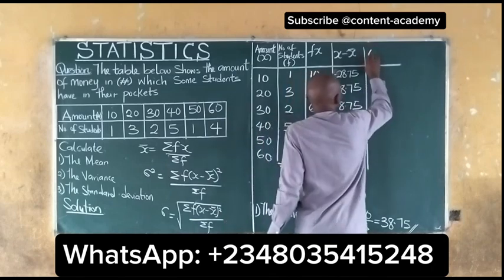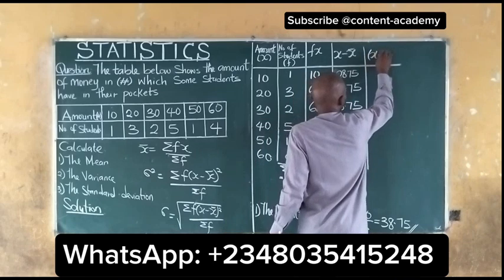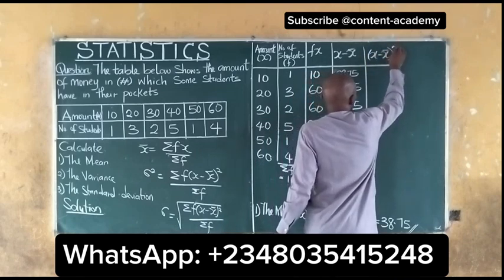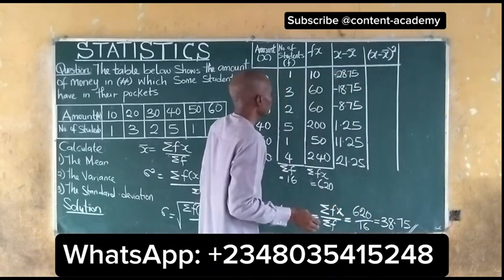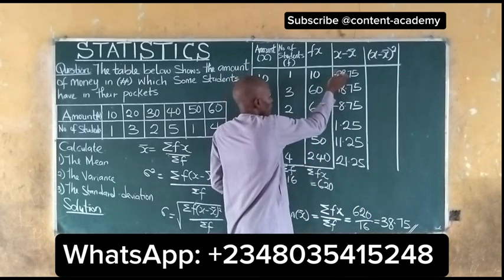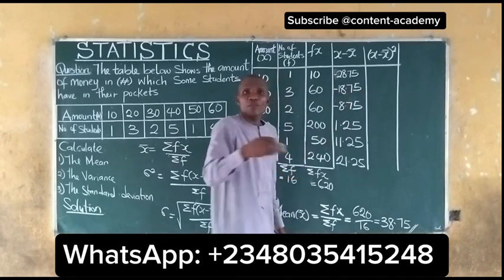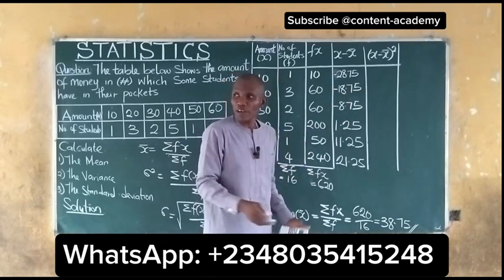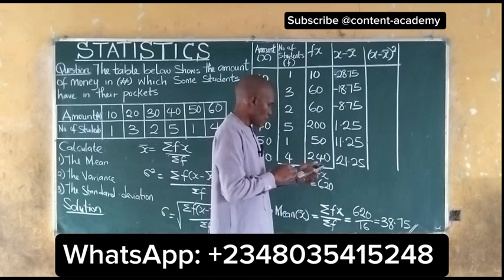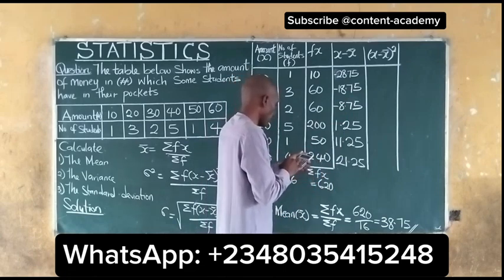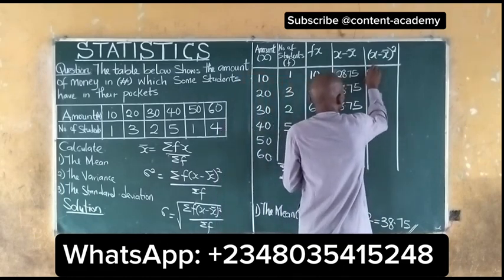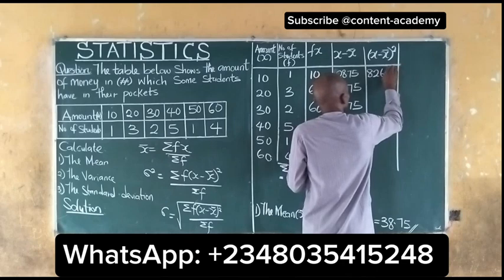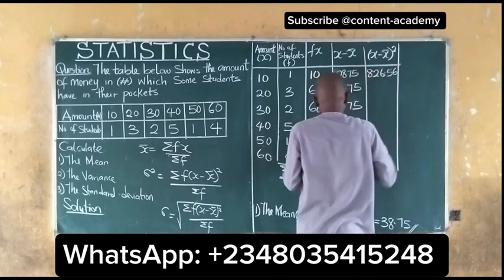Now, we also have x minus x bar all squared. So it means we have to take the square of this. That means negative 28.75 multiplied by negative 28.75 will give us a positive value. So 28.75 squared is 826.56.